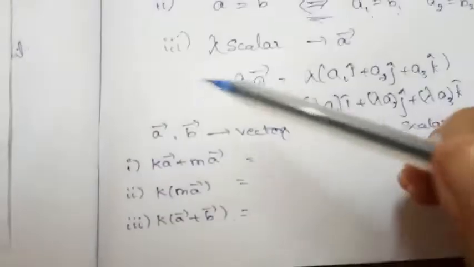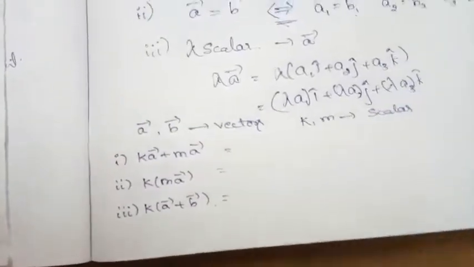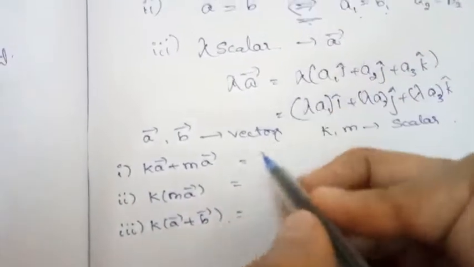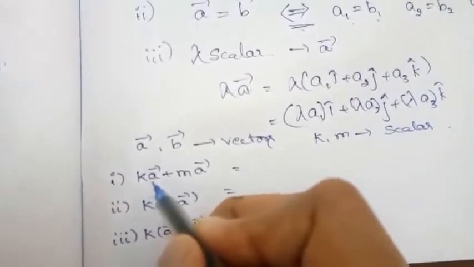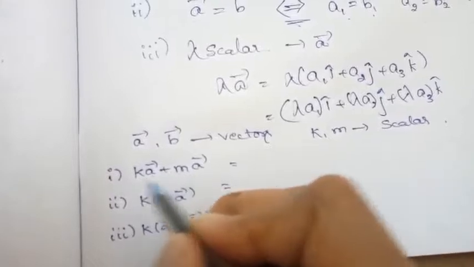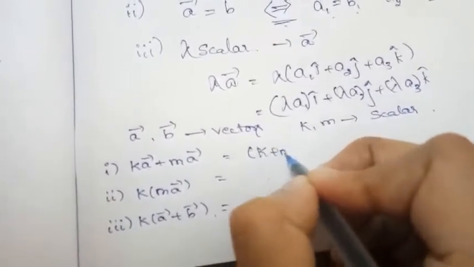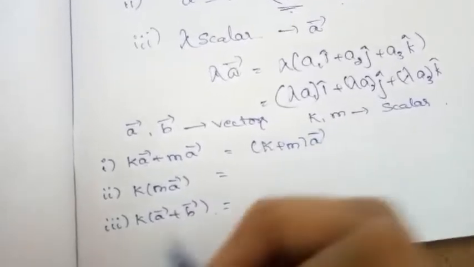Suppose I consider A and B are two vectors and k and m are any two scalars, then there are some distributive properties which you can see here. Then k A vector plus m A vector, where k and m are scalars, is equal to (k plus m) into A vector.